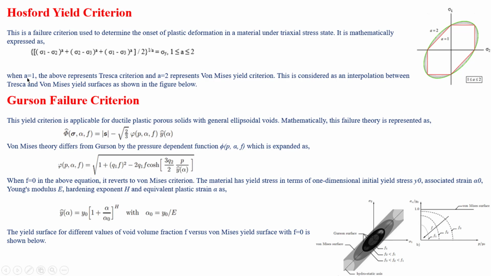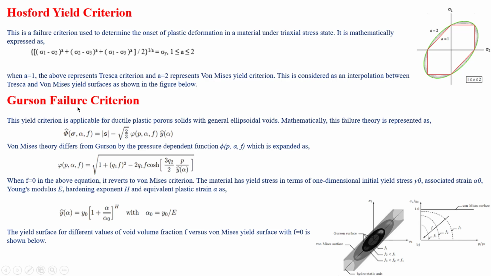If you take a equal to 1, it will represent Tresca. If you take 2, it is von Mises. We consider it for triaxial stress conditions, multiple loading conditions. In Excel you already know we consider the von Mises stress and even Tresca. When it comes to Hosford, we consider this triaxial stress.